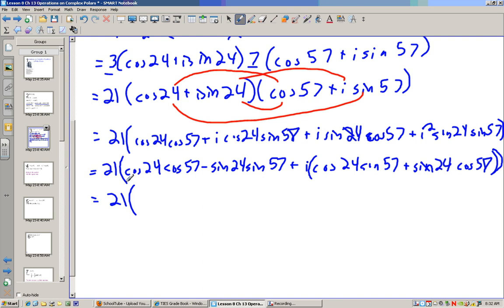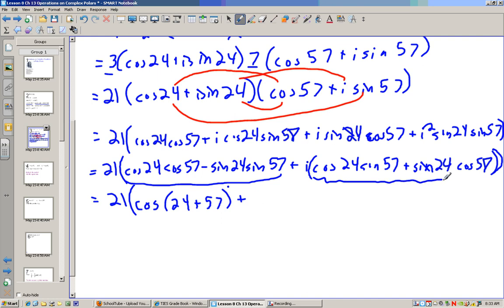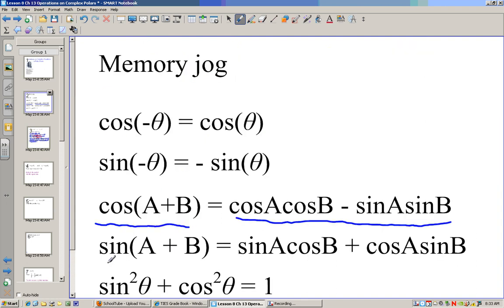So we can combine all of this into the cosine of 24 plus 57. And then this whole mess, cosine a sine b plus sine a cosine b, looks a lot like this formula. So that would be the sine of a plus b.